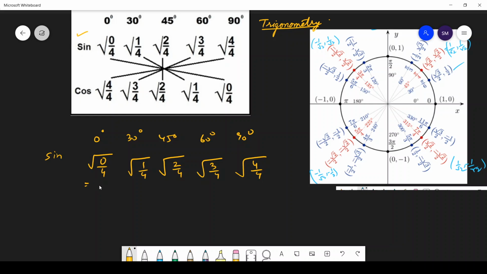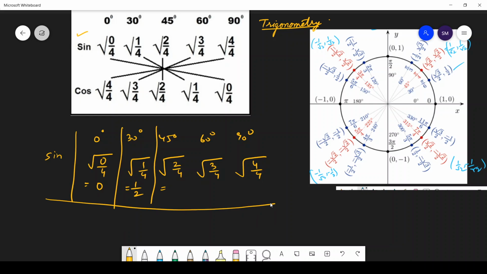So if you simplify, this will be 0, this will be 1 by root 4 which is 1 by 2, this will be equals to 1 by root 2, this will be equals to root 3 by 2, and this will be equals to 1.